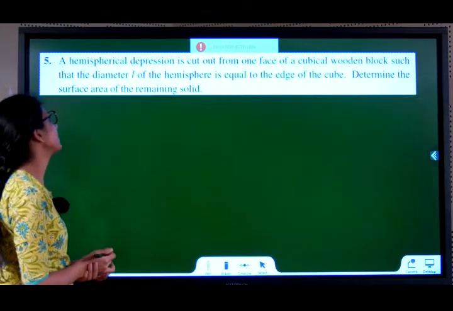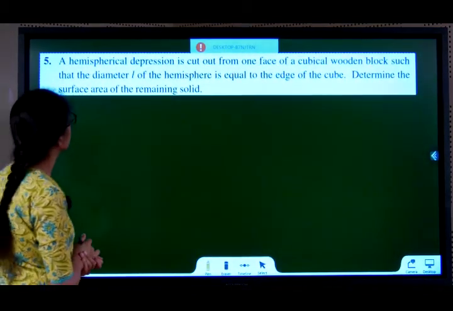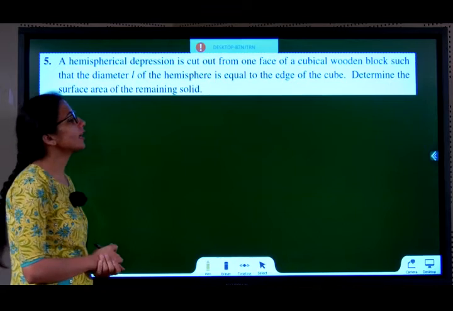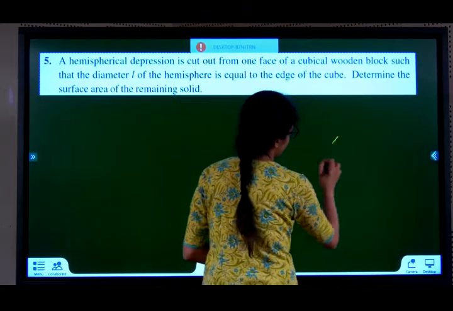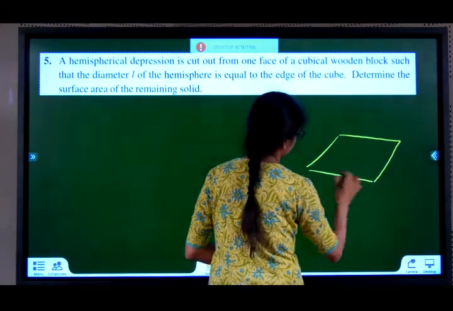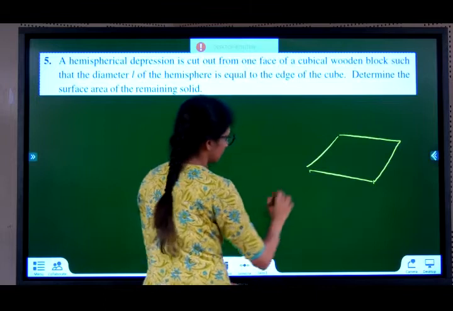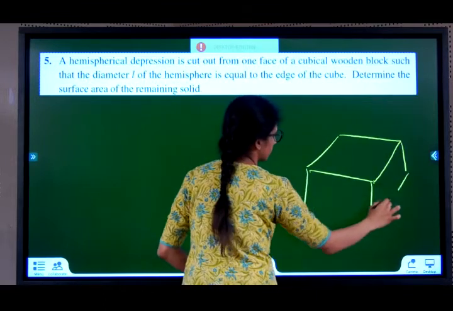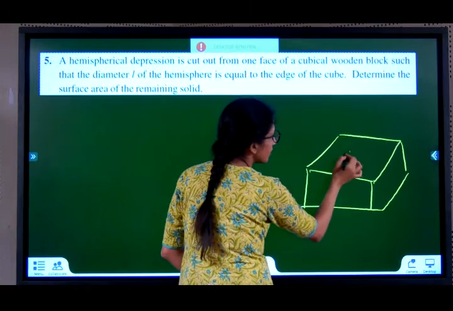Question 5. A hemispherical depression is cut out from one face of a cubical wooden block such that the diameter of the hemisphere is equal to the edge of the cube. We have a cube here. From this cube, I am removing a hemisphere.